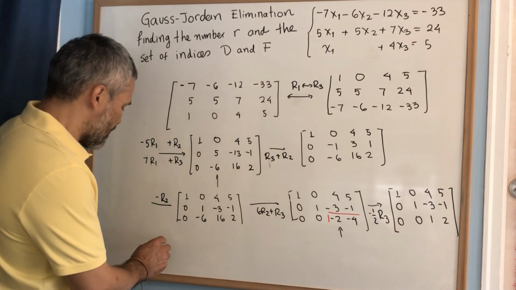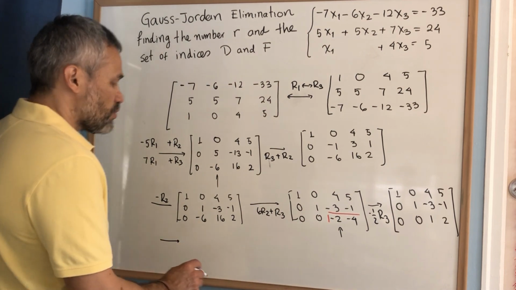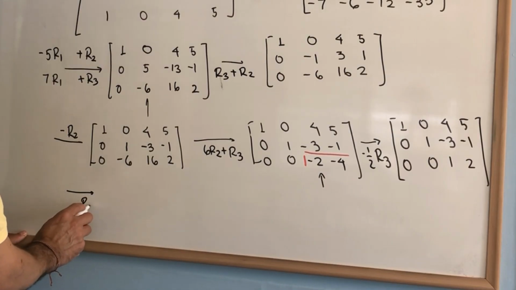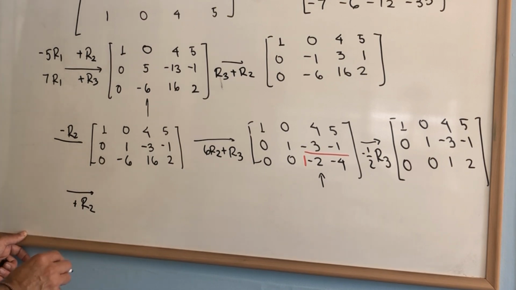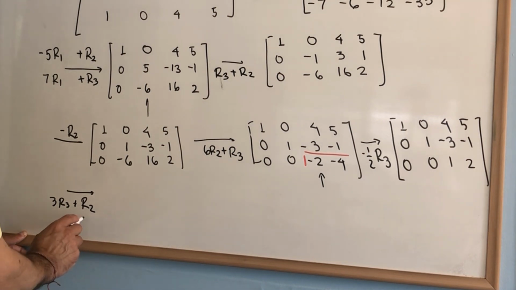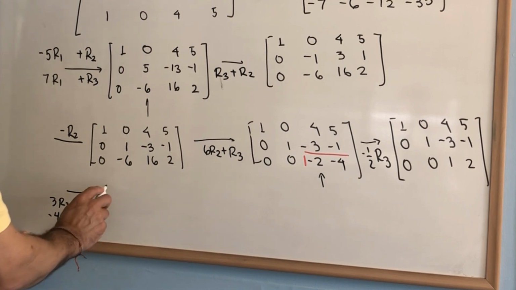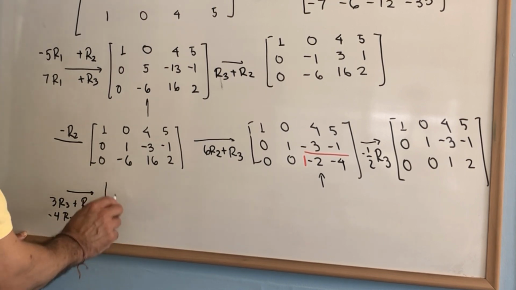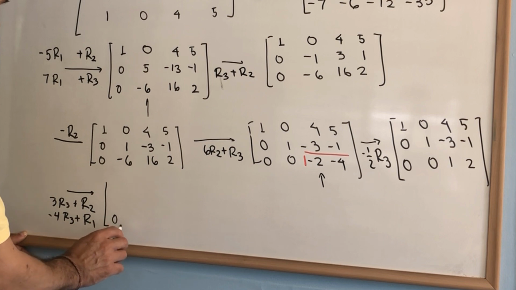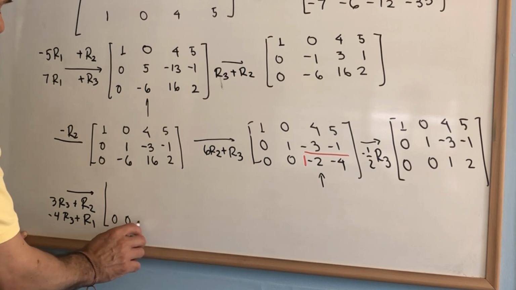And I can accomplish that by changing row 2 by adding to it 3 times row 3. Another change that I can do, I can change row 1 by adding to it negative 4 times row 3. Then when I do these 2 changes, the last row is not changing.